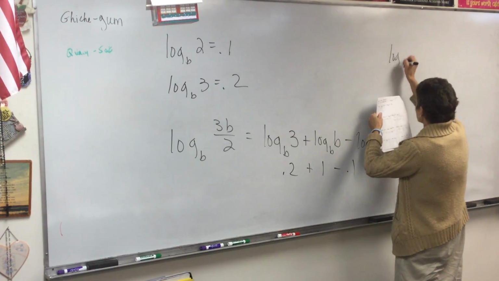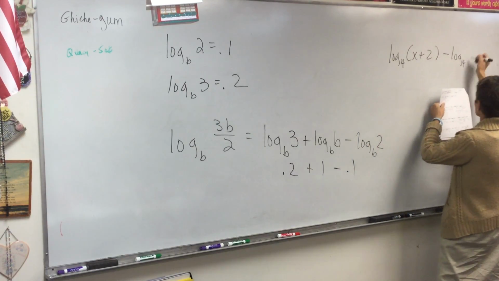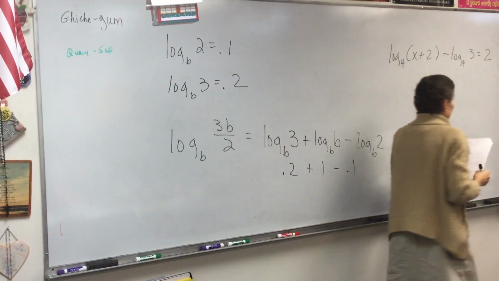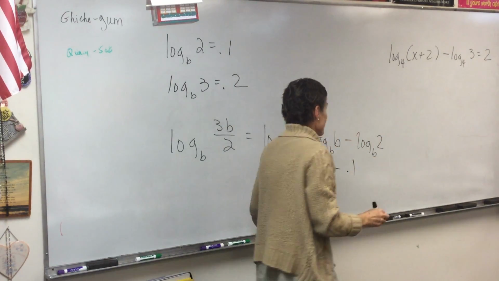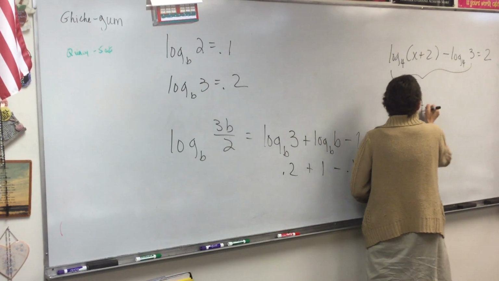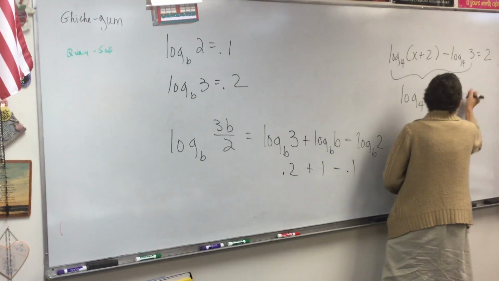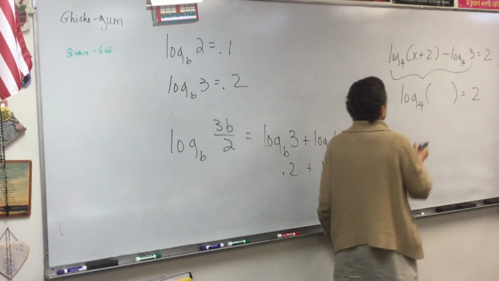We've got 2 logarithms on one side, which we're not allowed to have. So the first thing we have to do is put these together. How will those go together? They'll go together as a division.